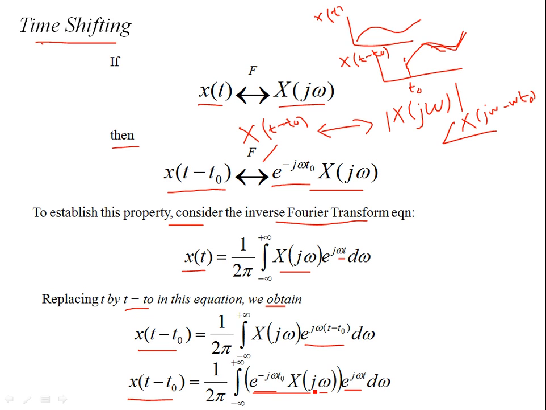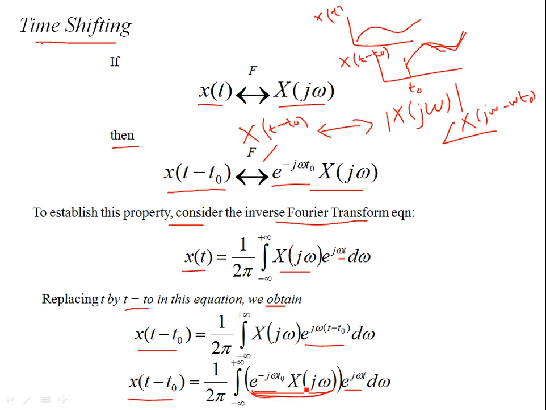This expression means you are taking the inverse Fourier transform not of X(j omega) but of e^(minus j omega t naught) X(j omega), multiplying with e^(j omega t). So you're taking the inverse of this function.